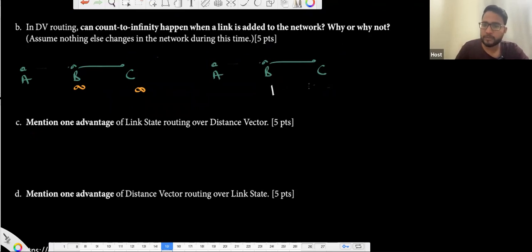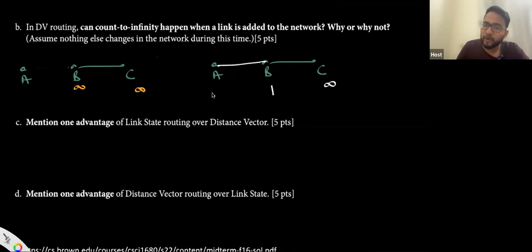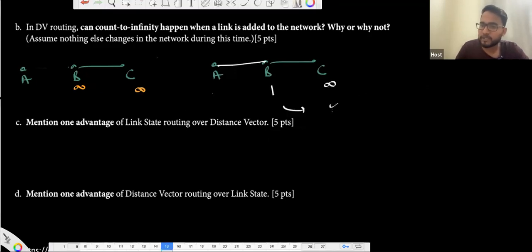After just one round of exchange, the other entry will be 1 and 2. So after just one round of exchange, it gets stabilized. So that's not a count to infinity problem. Why would we count to infinity if it is good news, right? If there's good news, then you do not need to count to infinity.